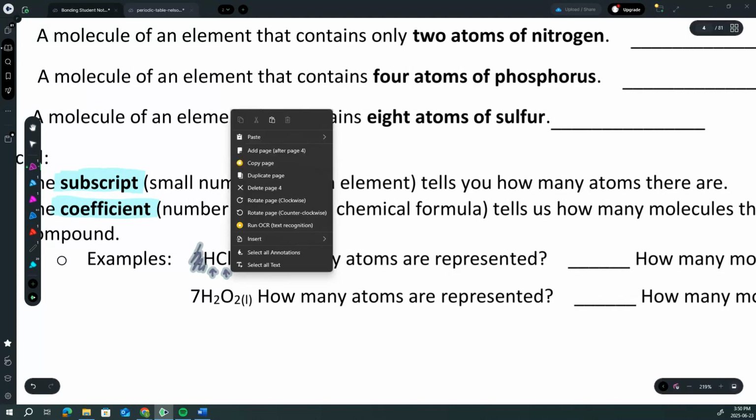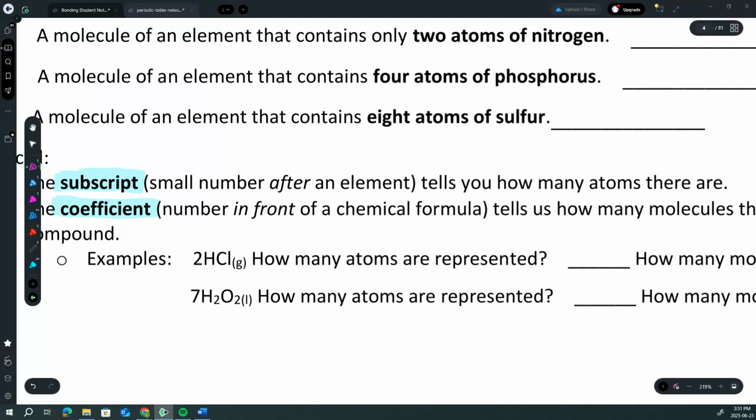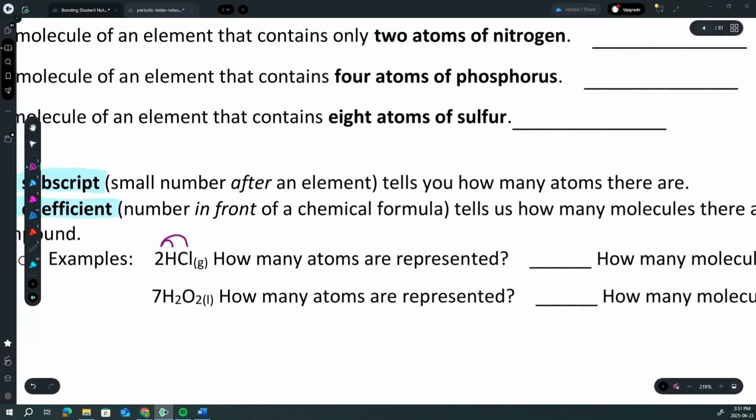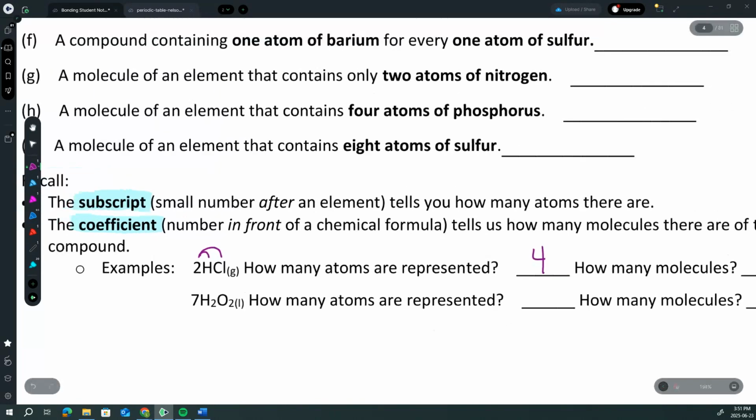But since we want to know how many atoms in total are represented, this 2 is going to apply to everything that comes after it. So coefficients don't need brackets in order to apply to everything that comes after it. That's just assumed. So in total, we have 2 hydrogen atoms and 2 chloride atoms. So 2 plus 2, that's 4.